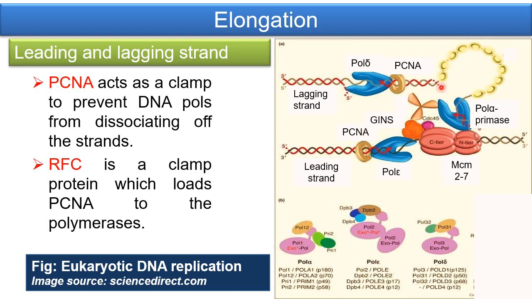Now these are other proteins, as I have already explained earlier, CDC45, etc. These all proteins together carry out the elongation process. Now this is the polymerase alpha, which helps in synthesizing the primers with its primase subunits. Here I am giving the structures of the polymerases. This is polymerase alpha, this is epsilon and delta, each with 4 subunits.